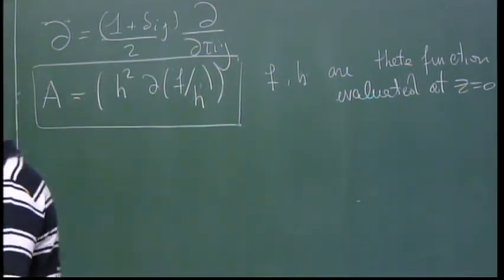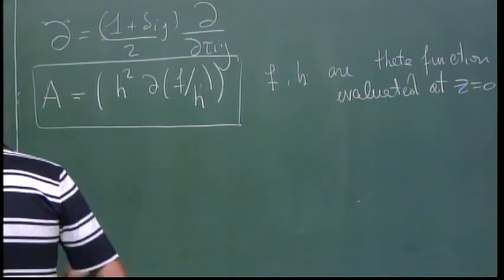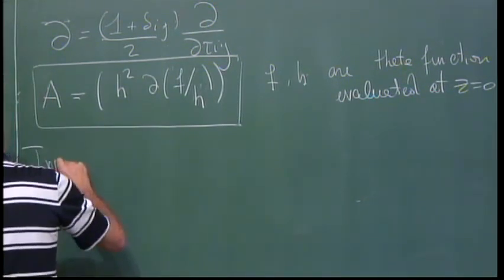So why do I want to consider this? It has a very simple form, and I will give you an example of this form with theta constants. I will state two results.